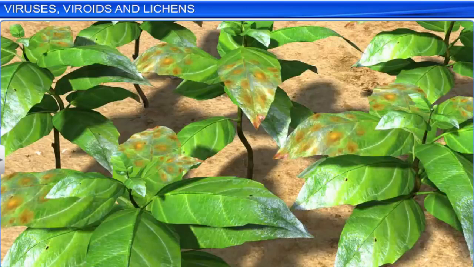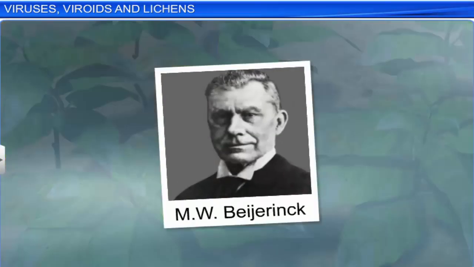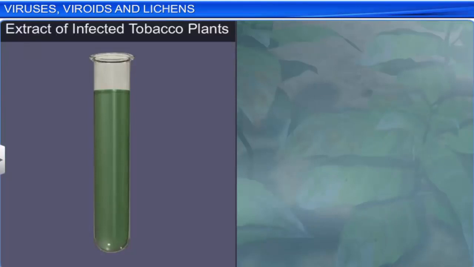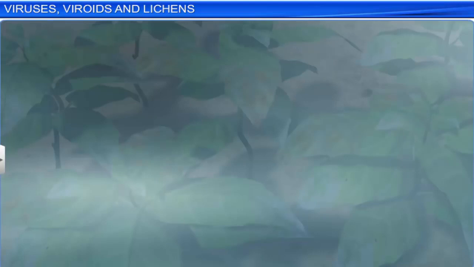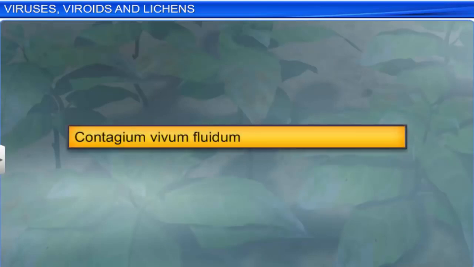Later, in 1898, M.W. Beijerinck demonstrated that extracts of infected tobacco plants could also cause infection in other healthy plants. He referred to the virus as contagium vivum fluidum, meaning infectious living fluid.